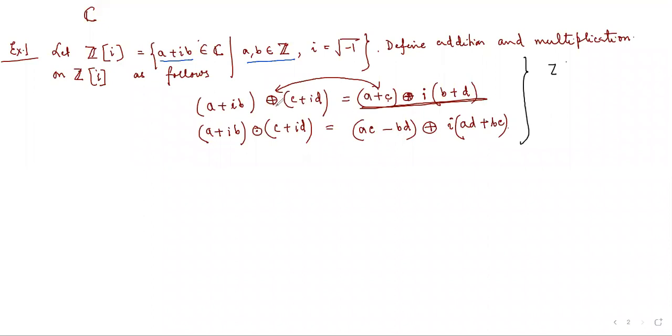For simplicity, in most of the books, you will see that they do not differentiate between the symbols. They write all the symbols as plus, as if they are all the same, but actually they are not. So to show that this is a ring, first of all you have to consider this structure and show that it is an abelian group.